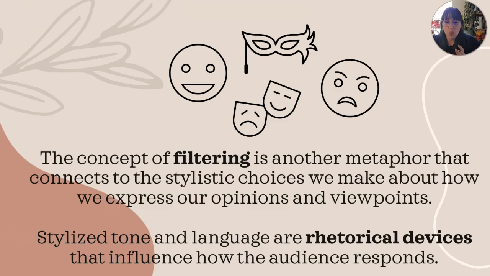Stylized tone, language, etc. are rhetorical devices that we can use to help influence how the audience responds, so that we make sure that our purpose is being met, so that we are having our intended impact upon the context that we're digging into.